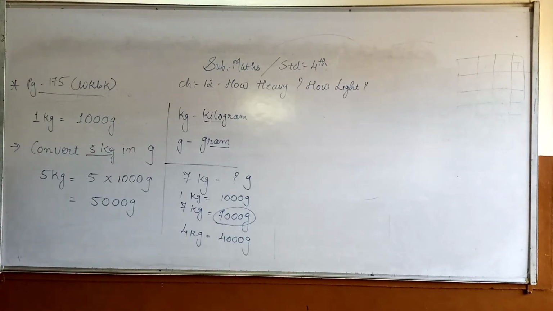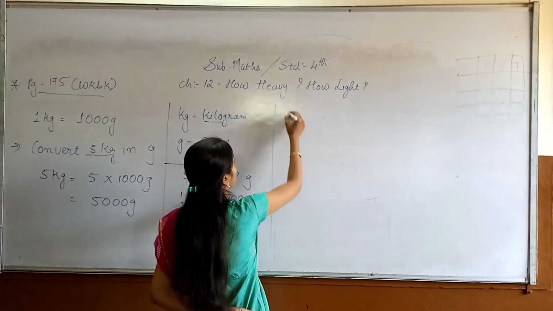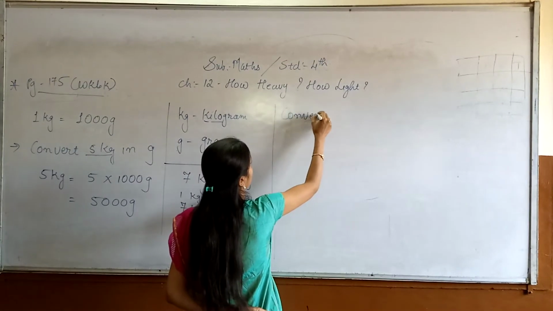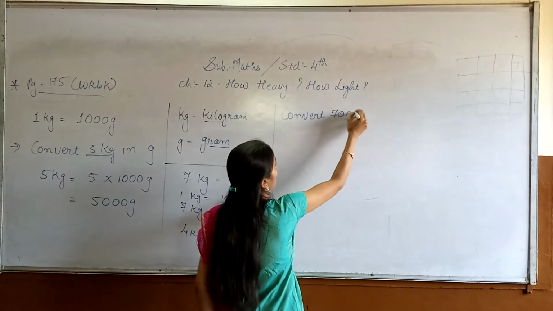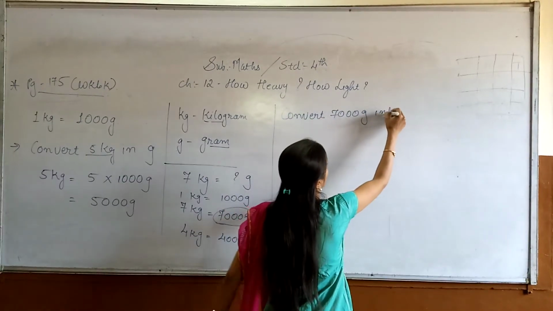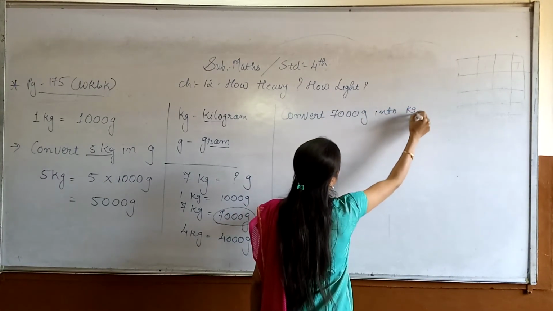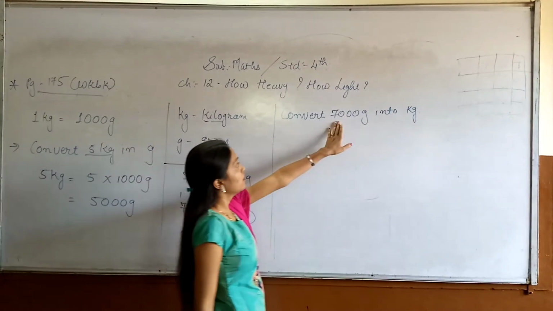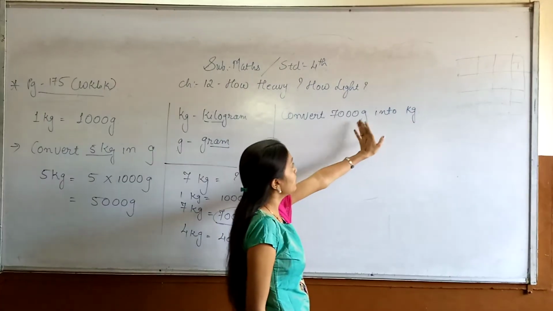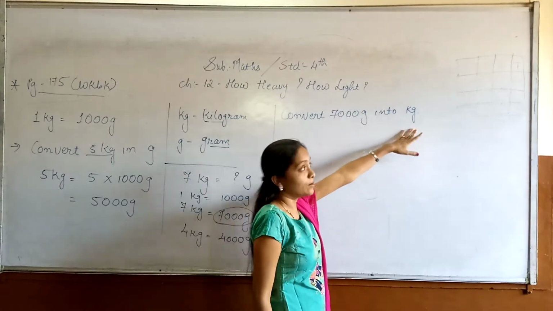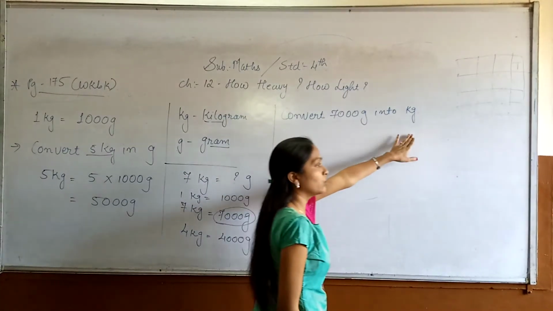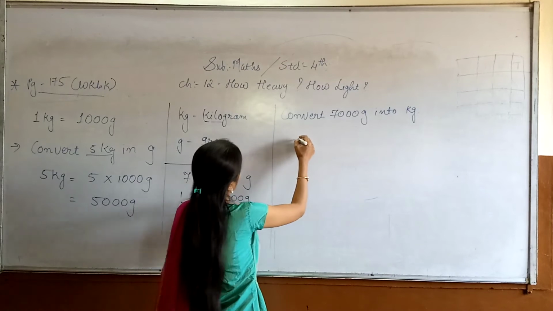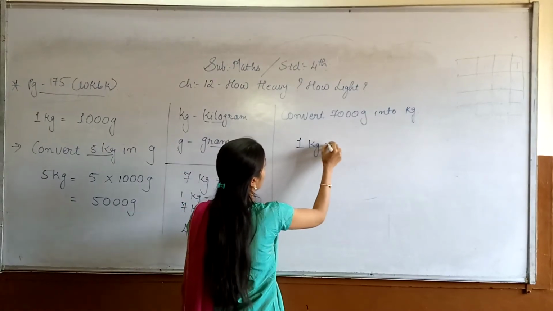Okay. Next is convert 7000 grams into kg. It is given in gram and that we have to convert into kilograms. Gram is here, उसको हम किलोग्राम में convert करेंगे. So here we write 1 kg equal to 1000 grams.